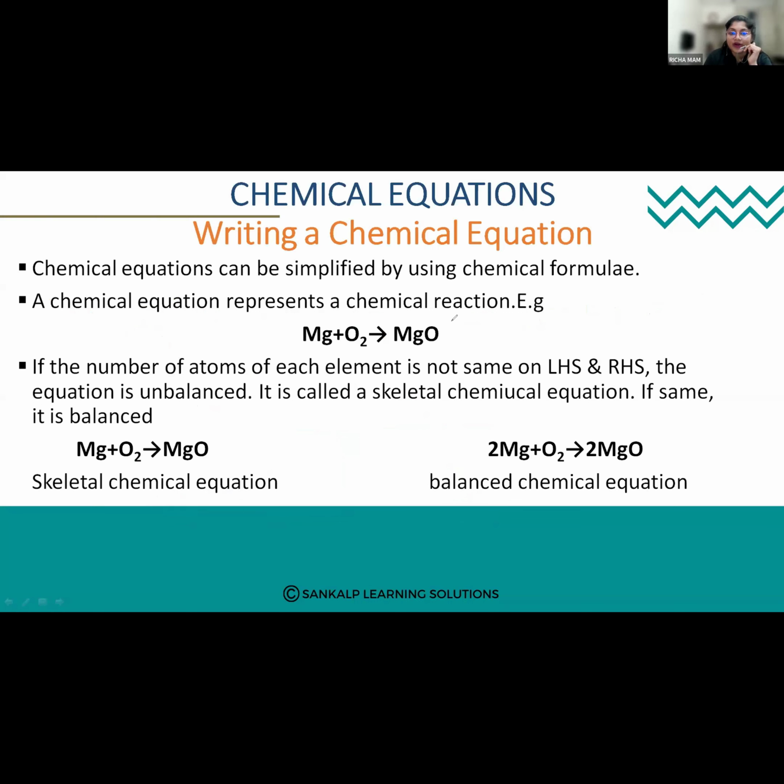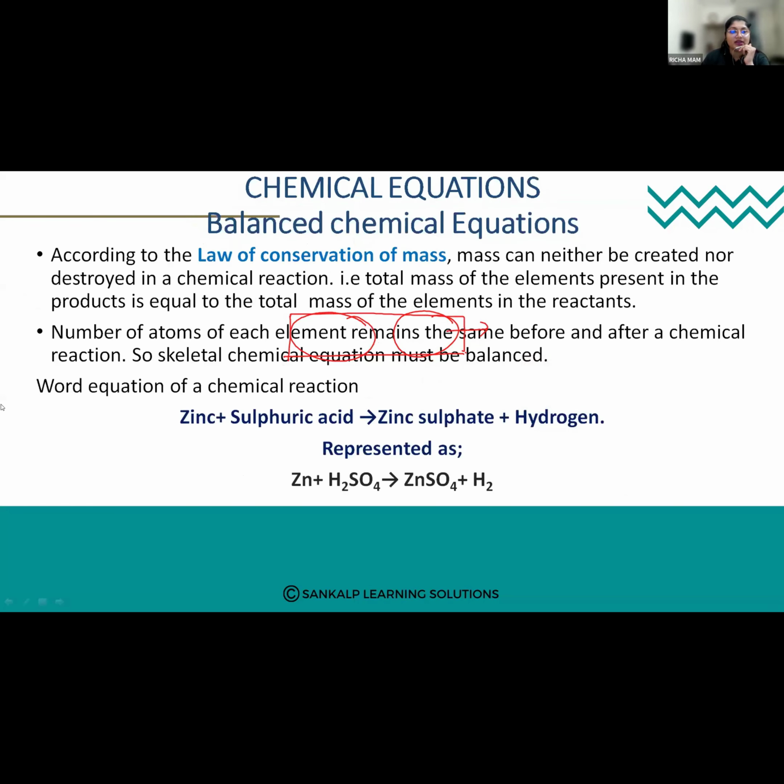So mass can neither be created nor destroyed. So whenever we write a chemical equation, the number of atoms on the left hand side and right hand side should be the same.